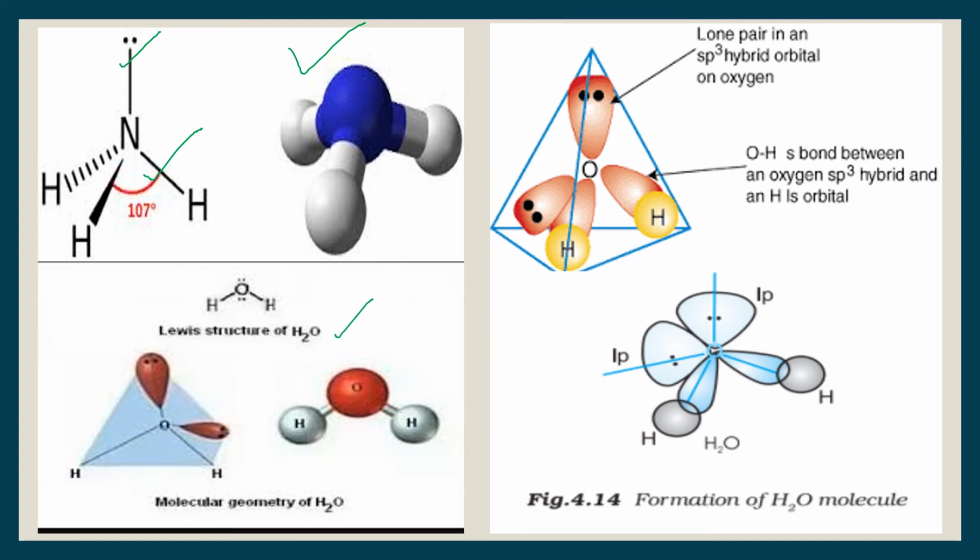As I was telling you, just write the valence electrons of oxygen. So that will be 2s2 and 2p4. So in 2s2 you have 2 electrons. In 2p orbitals you have 4 electrons.